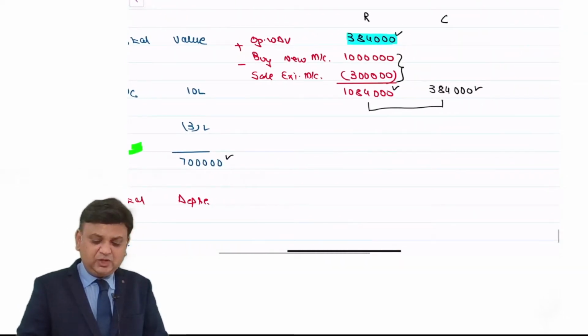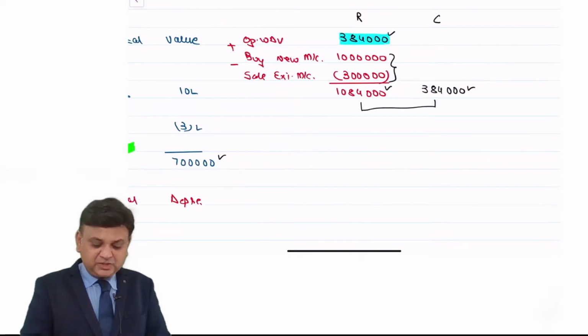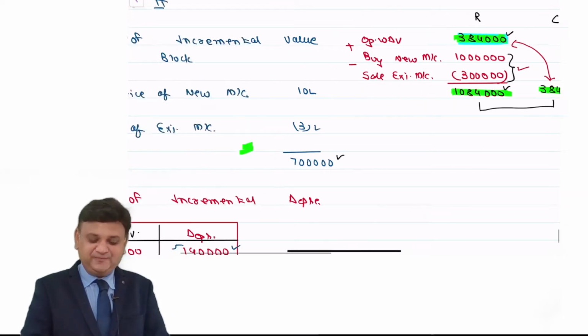See, I have explained the logic also. I do not want you to cram, because the new value of the block is calculated taking the opening WDV, and then it is later on subtracted. So if it is supposed to be subtracted, then let us ignore it and make a comparison of these two.